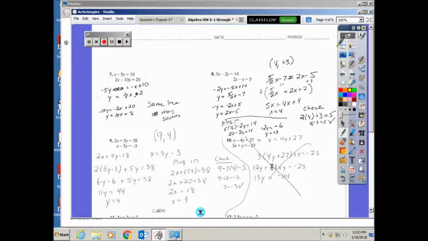Okay? So, for these, you needed to get a variable by itself. Now, honestly, looking at this, I'm not sure why I isolated for y here, for number 7. It would have been easier. Not sure what I was doing.